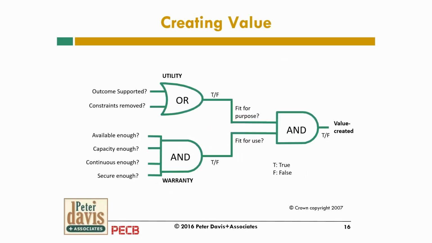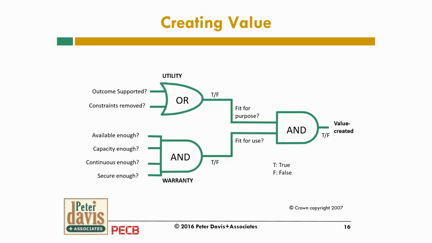Now, ITIL expresses it a little differently, but still similarly. They break it down into two parts, which is utility and warranty. If you remember our propositional theory, you can see it being used here with our ors and our ands. So with utility, it's either I have some outcome that I'm looking for, or I want to remove a constraint.